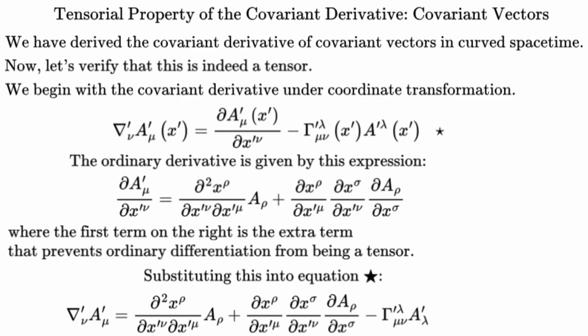The ordinary derivative is given by this expression, where the first term on the right is the extra term that prevents ordinary differentiation from being a tensor. Substituting this into equation star.